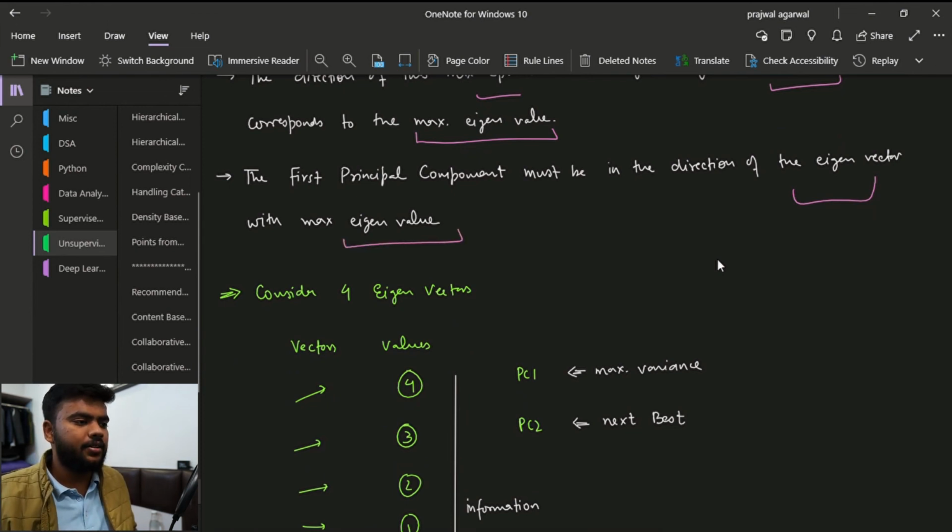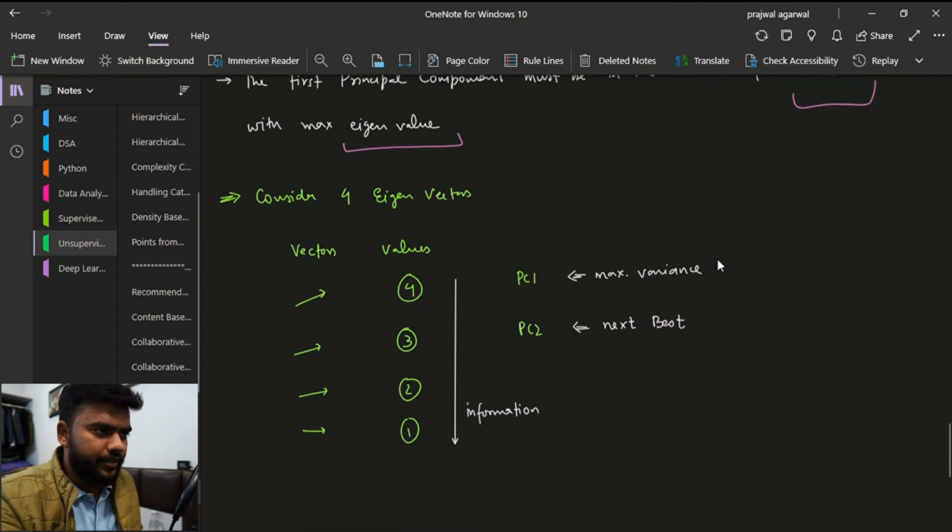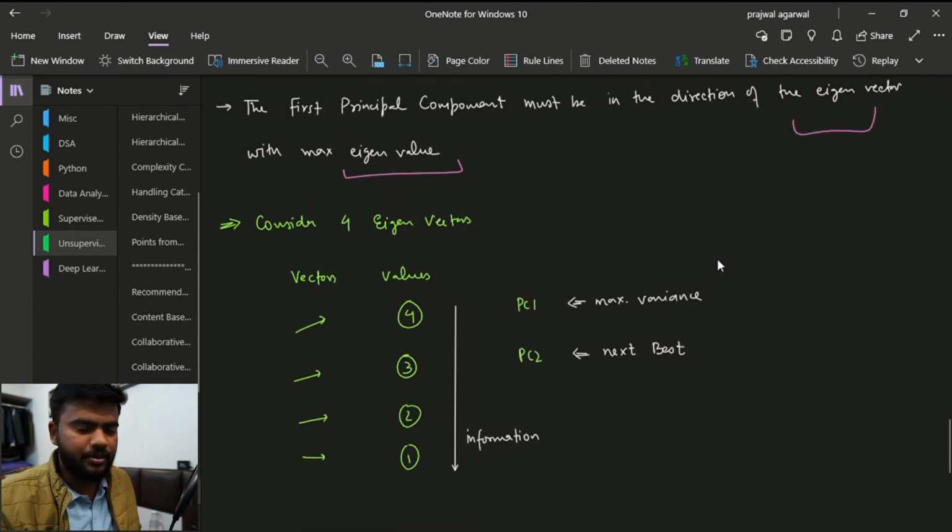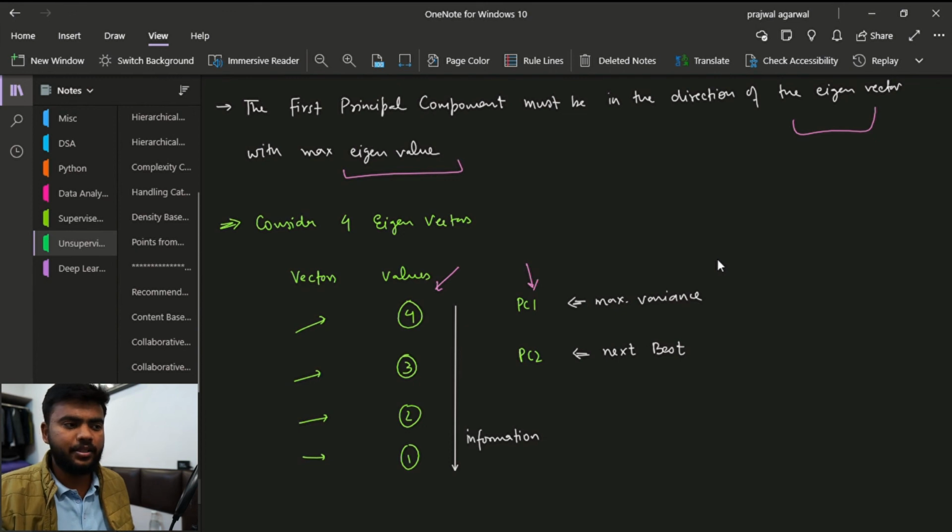Now consider we have four eigenvectors, basically four principal components, and these are the eigenvalues we have. The larger the eigenvalue, the more the eigenvector is going to be stretched. So basically the maximum eigenvalue is going to give us the first principal component.